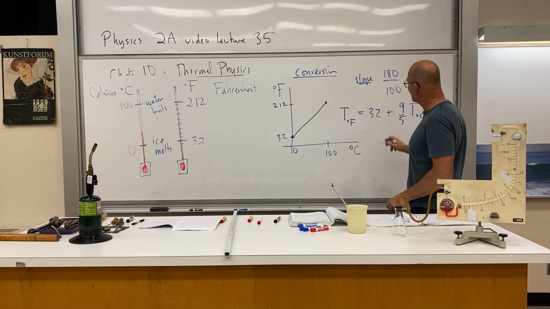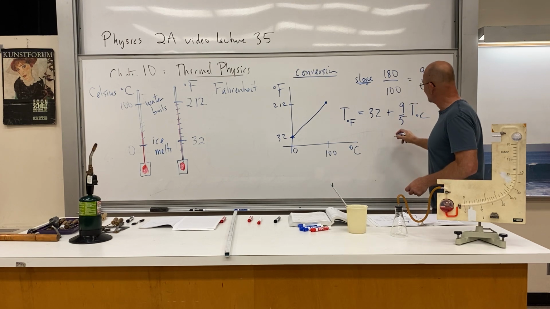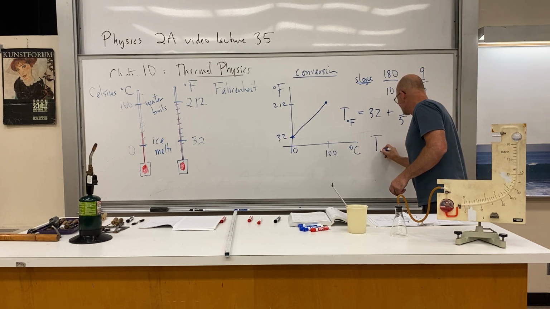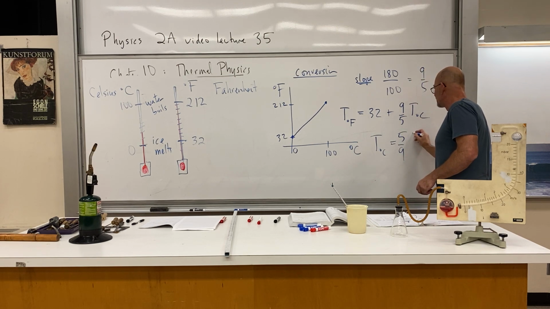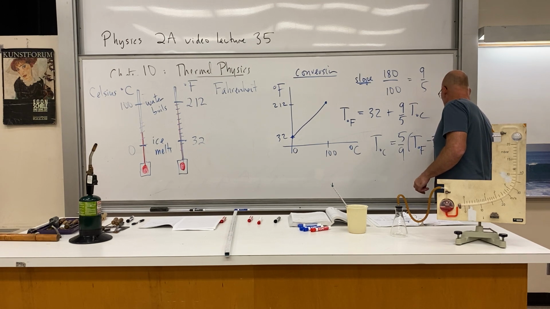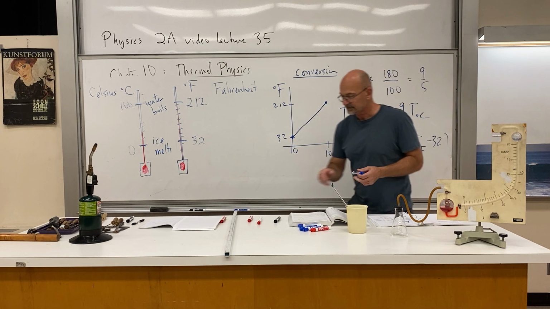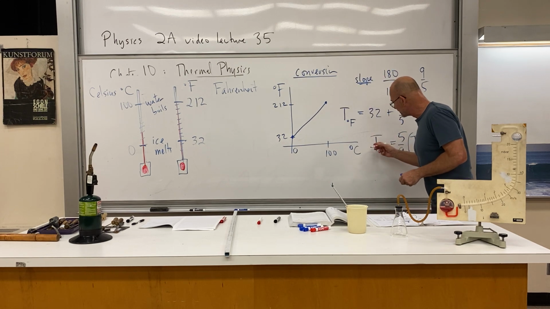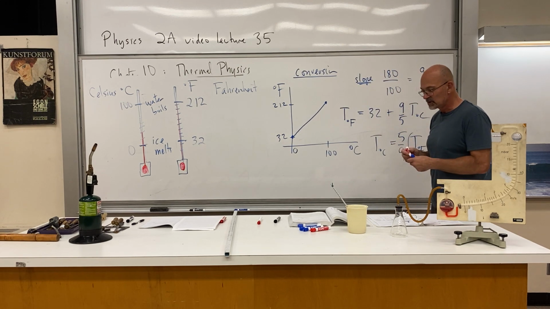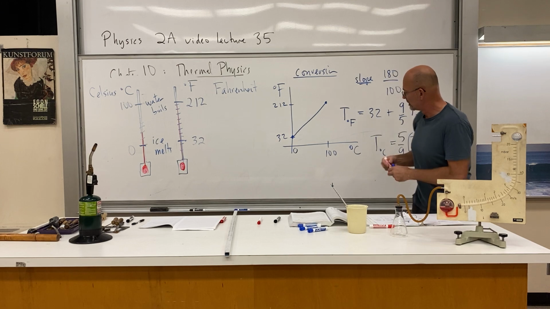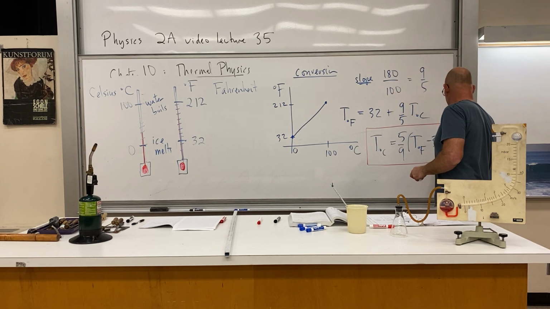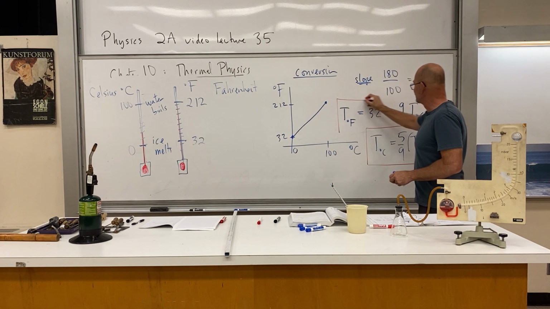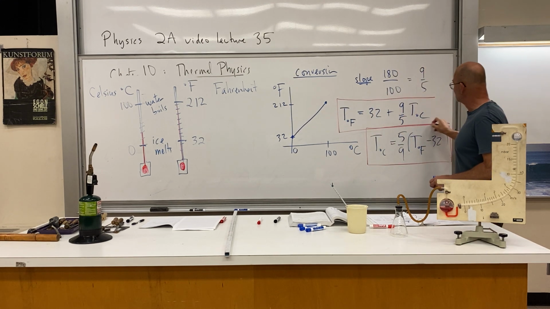Okay, so that's 1. And if we want to solve for T Celsius, we can say T degrees Celsius is 5/9 times temperature degrees Fahrenheit minus 32. So you see, you can always have these at your disposal if you remember your point slope formula. Okay. So those are our conversion formulas.